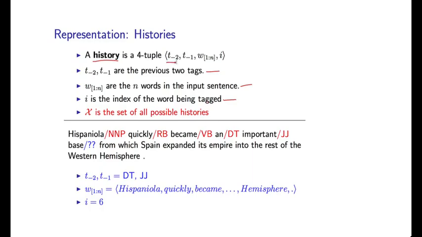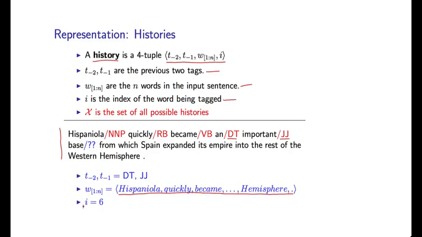So let's see how this four-tuple is instantiated for this particular example. In this case, we have t minus 2 and t minus 1 equal to the two tags DT followed by JJ. We have W1 through n consisting of the entire input sentence, the entire sequence of words.